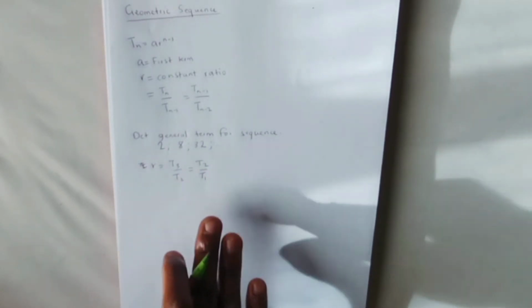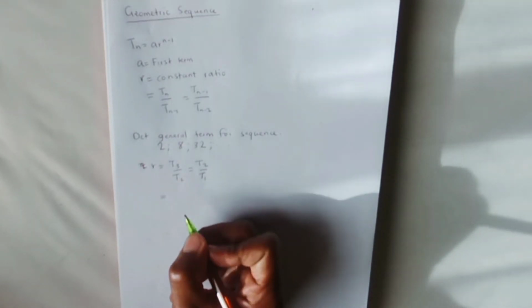So we'll take r equals T3 over T2, which is also equal to T2 over T1. If these ratios are not equal, then this is not a geometric sequence, it's something else. I don't know what, but it's definitely not a geometric sequence.